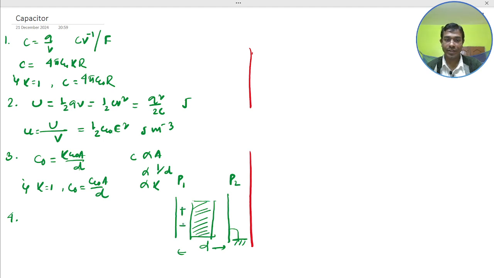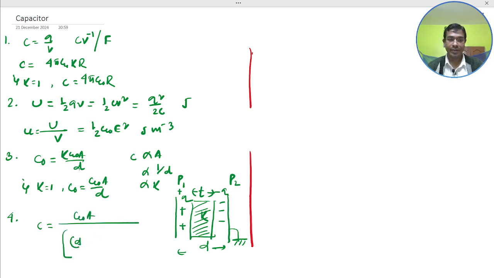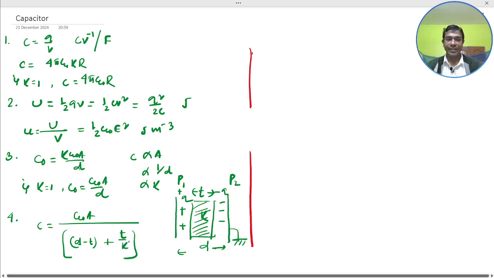This is the plus charge, plus Q, and this is minus Q. This thickness is T and the dielectric medium is K. So now C equals epsilon naught A by D minus T plus T by K, where K is the dielectric constant.